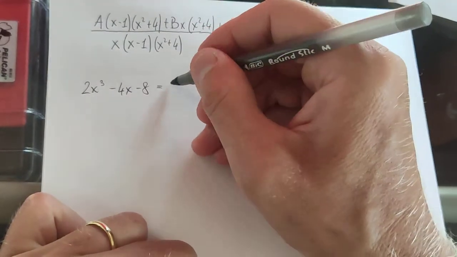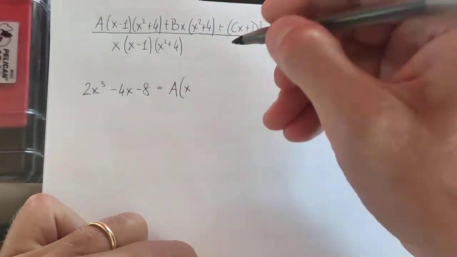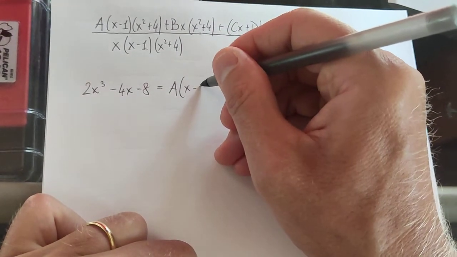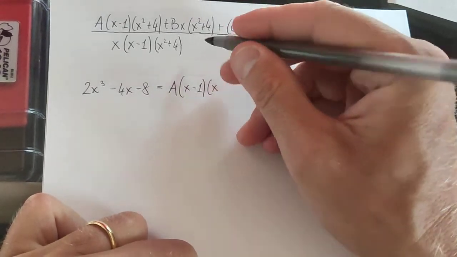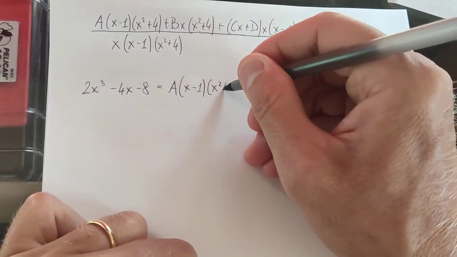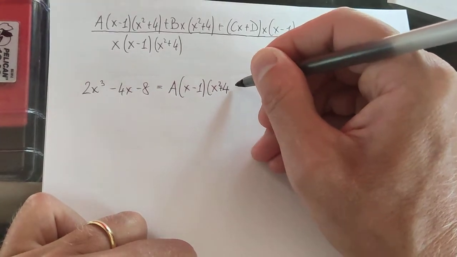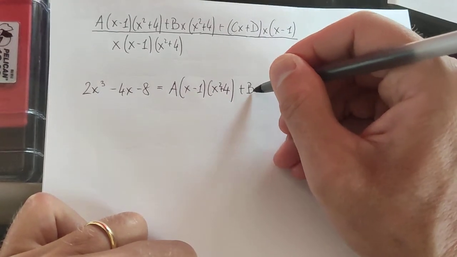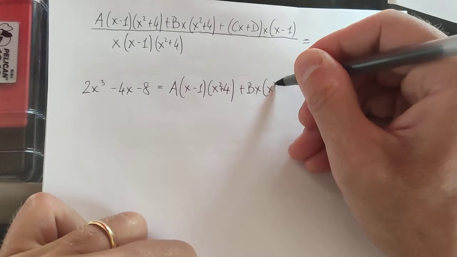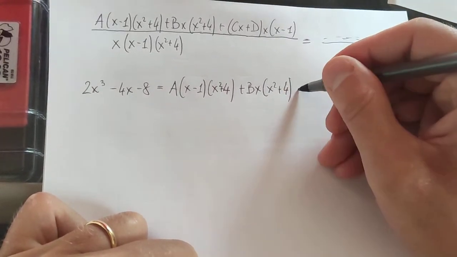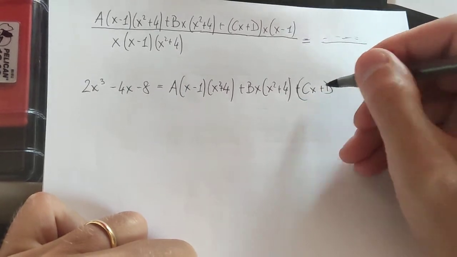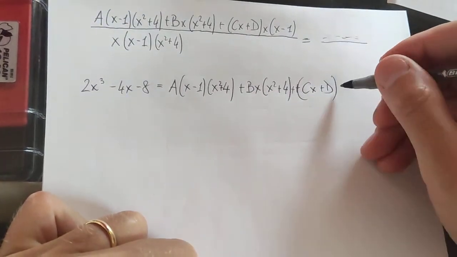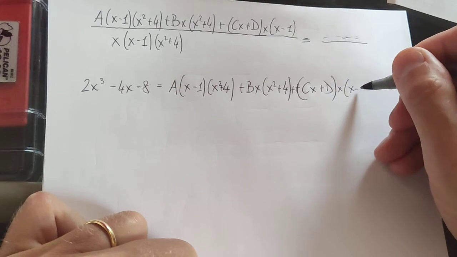So now I have the long numerator of the left side, A times x minus 1 times x squared plus 4, plus Bx times x squared plus 4, plus Cx plus D times x minus 1.